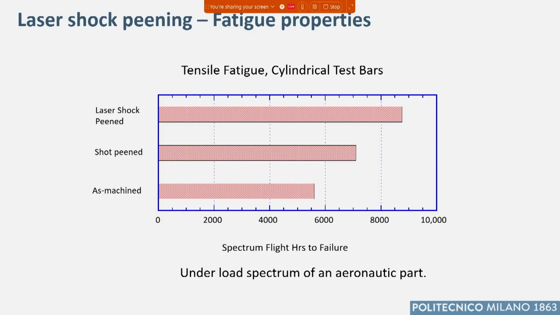According to the load spectrum defined for assessing the fatigue properties of this part, the untreated part will fail after something like 6,000 flight hours. With shot peening, we go to 7,000, and with laser shot peening, we improve even more, to around 9,000 spectrum flight hours before failure.